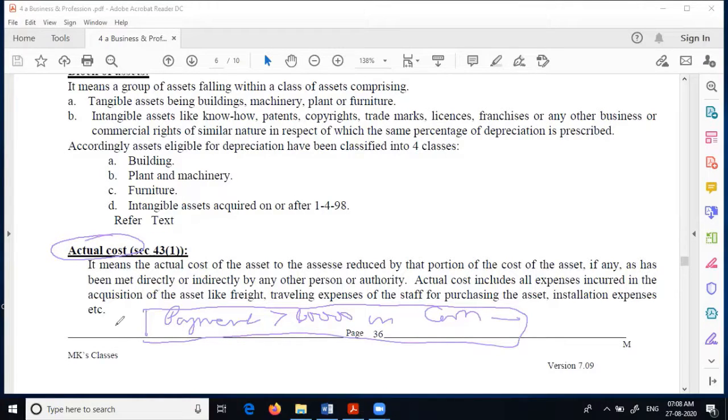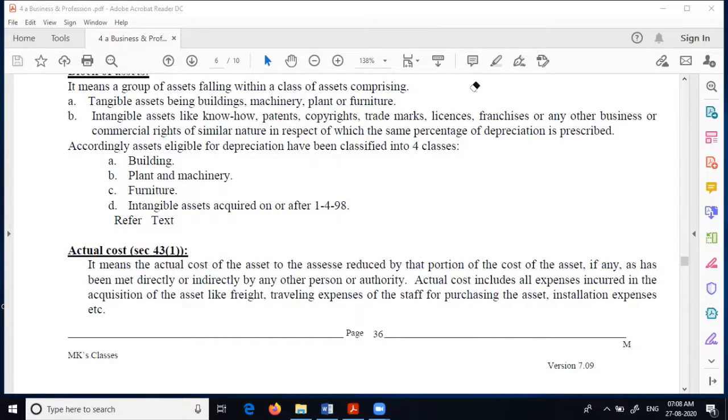Normally expenditure of 10,000 and more in cash is not allowed. We know that, but what happens is that if you make such a payment, it will not be entitled to be called actual cost. As a result, depreciation to that extent may be restricted. This has come in only recently, so be careful in the exam. There is also a possibility of it being asked.